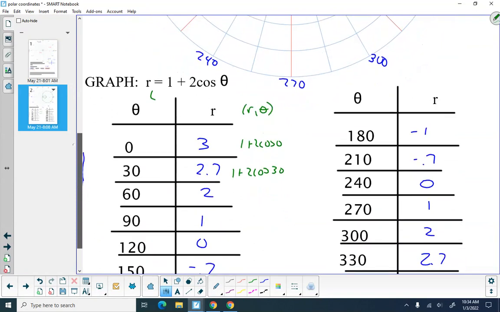If I would take a look at this in an xy coordinate system, this will take me a second.